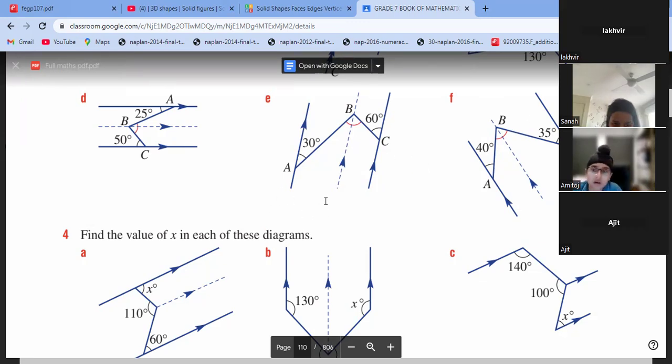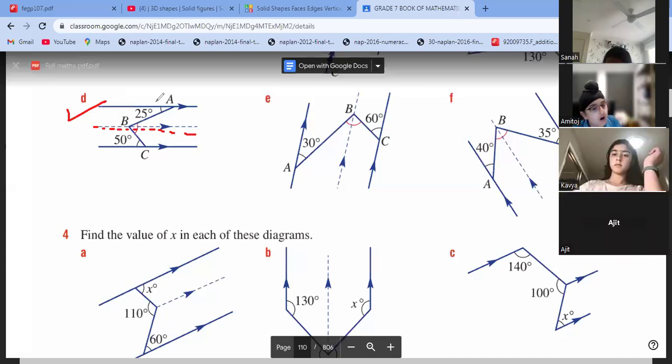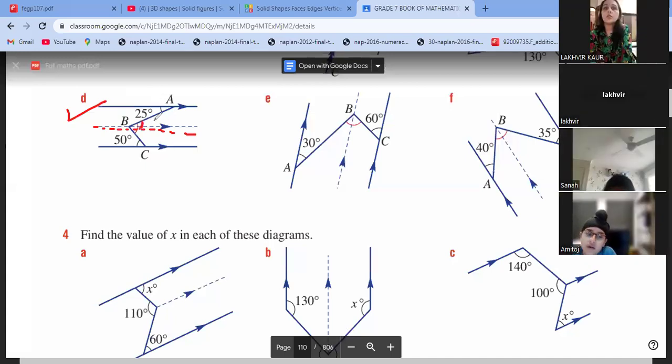Yes, beta, done. Have you done this question number? This D part? So you can see over here, this is the construction they have done. And this angle is what? That's equal to 25 degree because these two angles are forming alternate angles, right?